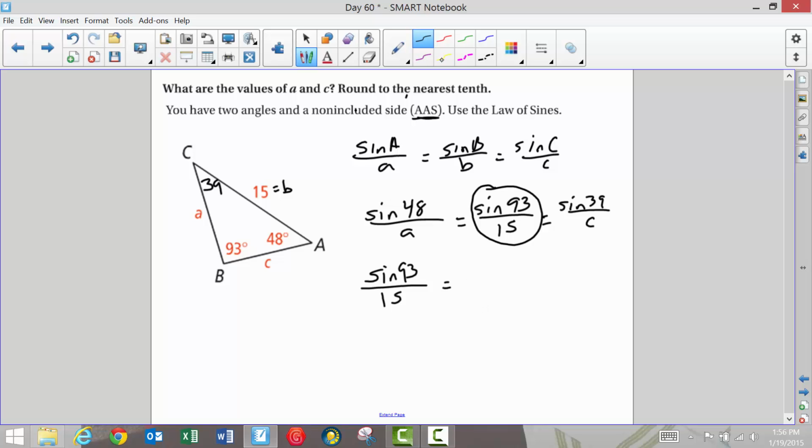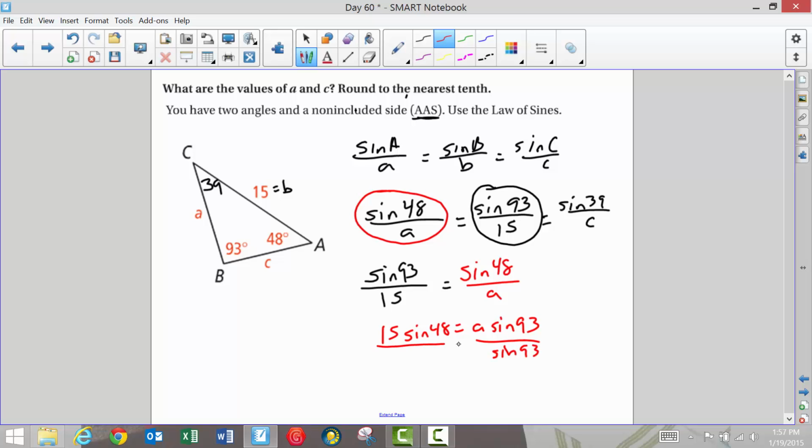I'm going to use the variable A, so this is sine of 48 over A. Now it's a fraction equal to a fraction. It's called a proportion. So in order to solve this, I just cross multiply. So I know it's 15 sine 48 equals A sine 93, divide by sine 93, divide by sine 93.